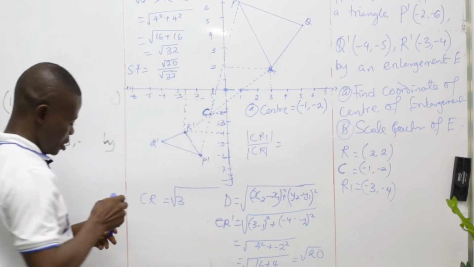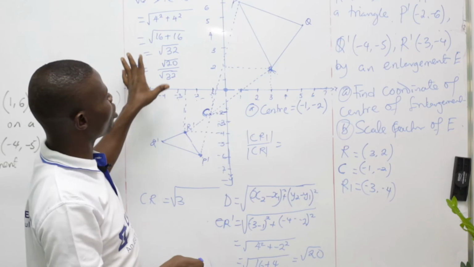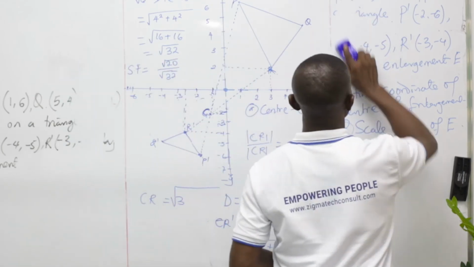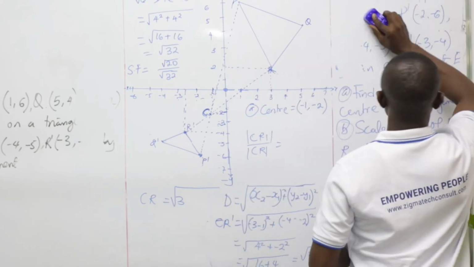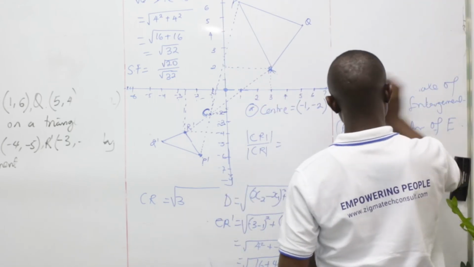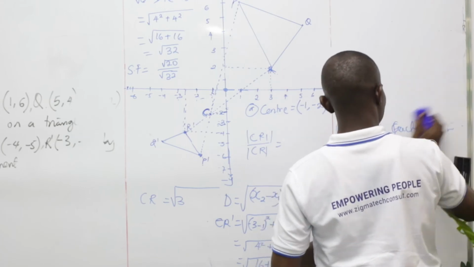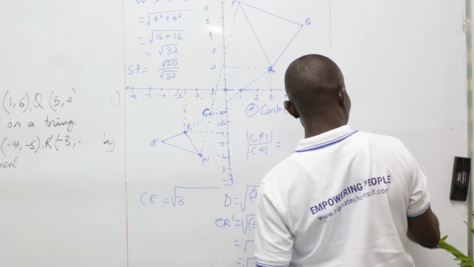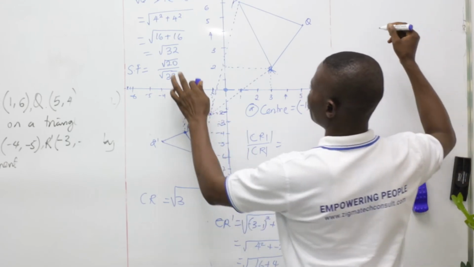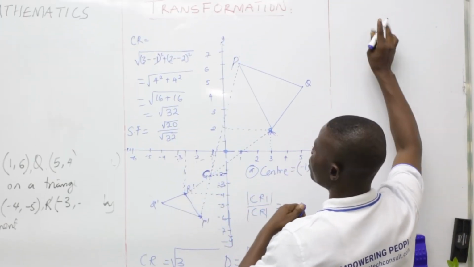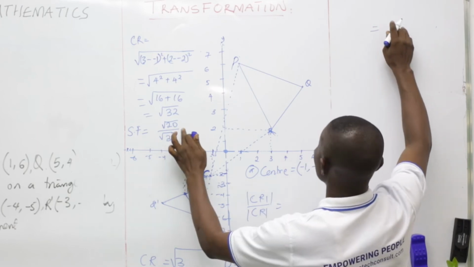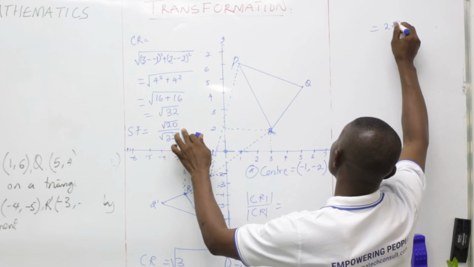You can see the solution is in the form of a surd. So we are going to rationalize, but before that, let us break down what is needed to be broken down first. For root 20, the perfect square in it is 4 times 5, that is 2 root 5.